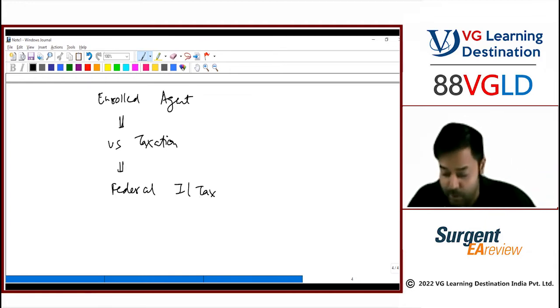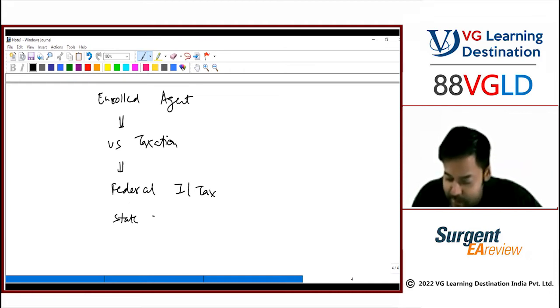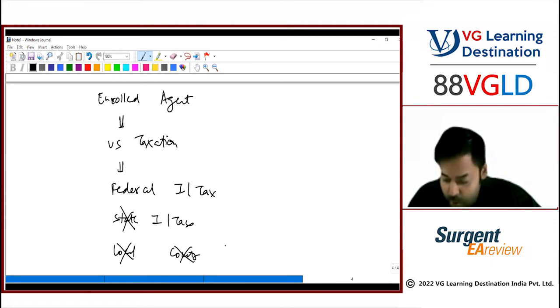I'm not talking about the state tax. I'm not talking about the state income tax. I'm not talking about the local income tax. I'm not talking about the county income tax. I'm not talking about the city income tax.